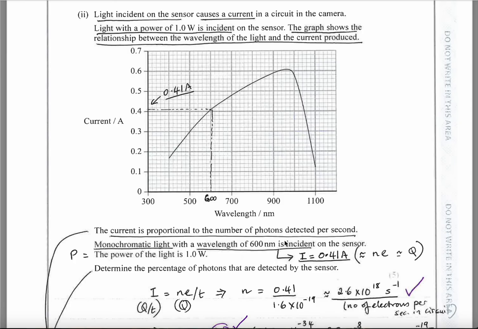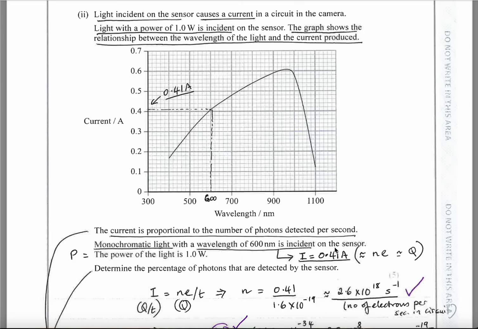Incident on the sensor. See, they said detected, I'm saying incident. The current is proportional to the number of photons detected, although they're not all detected, and you'll see why, because no device is 100% efficient.